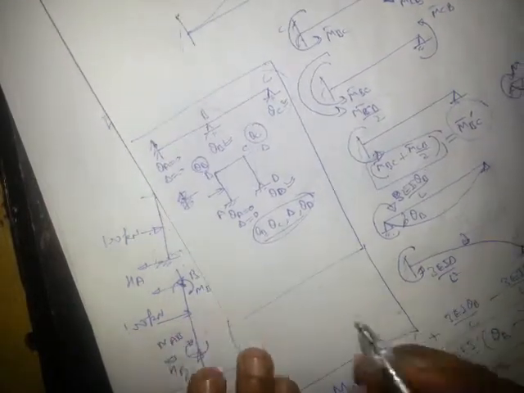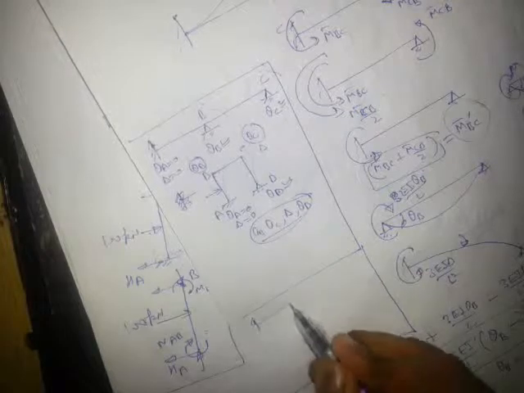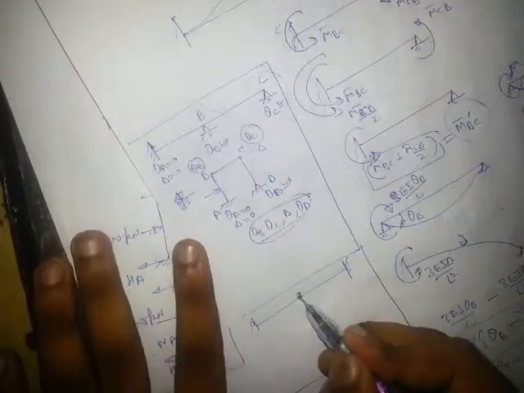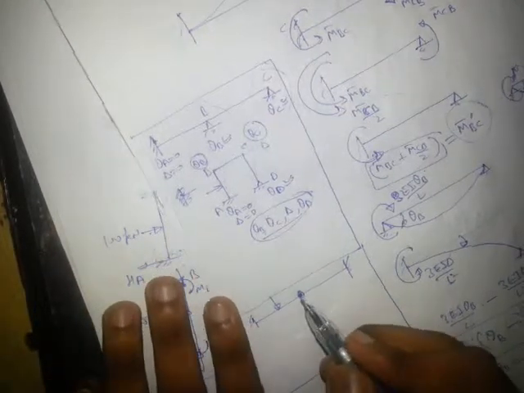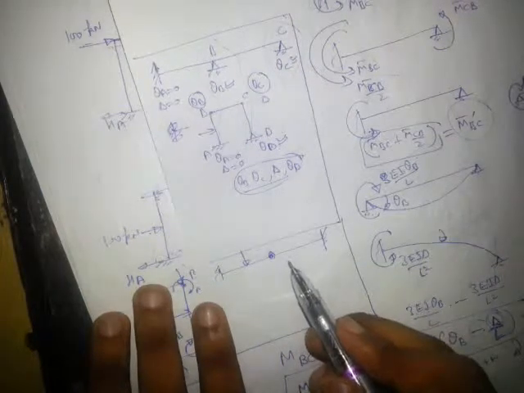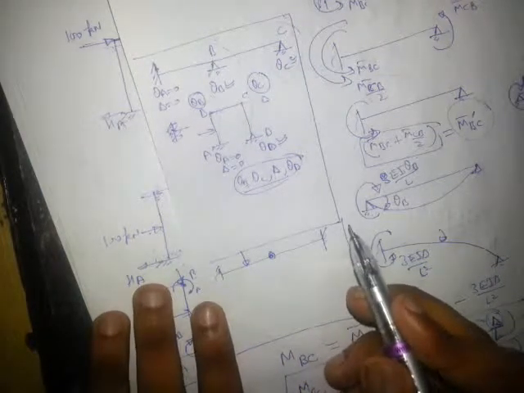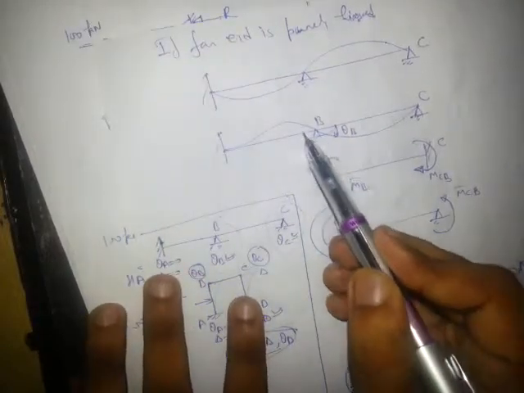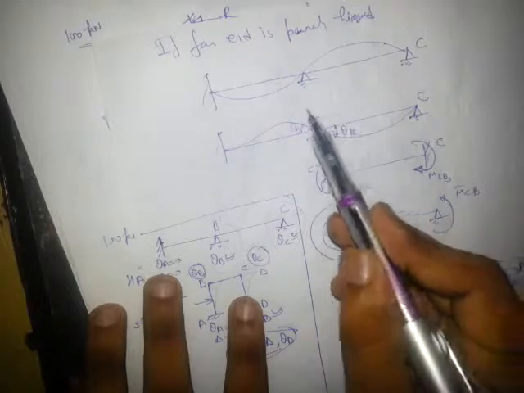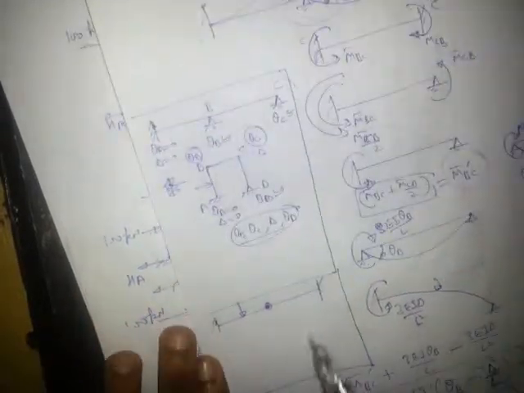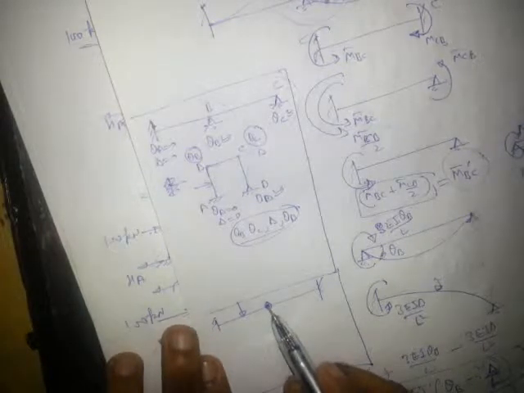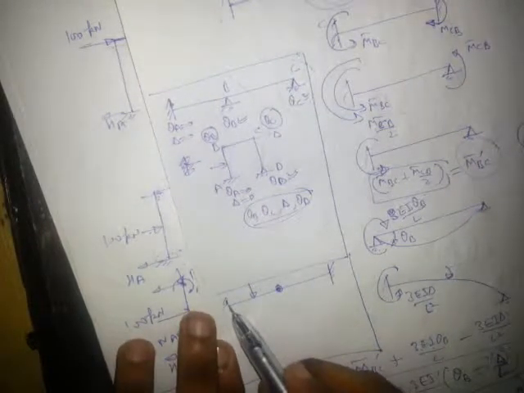Okay, the next question may be like this. This is a hinge, right? Remember one thing: so far we have discussed only rigid jointed structures. If a joint is rigid, it means theta will remain the same on both sides of the joint. This is a rigid joint, it will be theta B on both sides, and only one theta will be present. But if the curvature is broken, meaning the beam is broken here, meaning an internal hinge is present, then there will be two thetas.